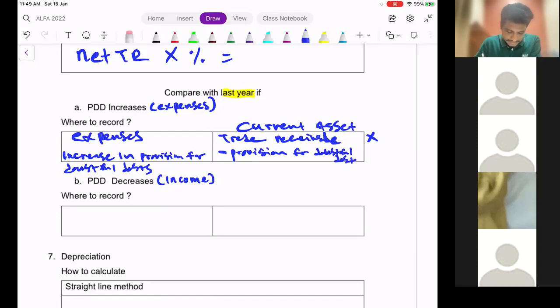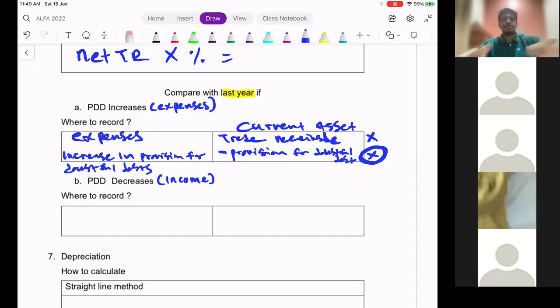Then you record here. Understand? Any question? If you don't understand, please tell me. I will give you an example.